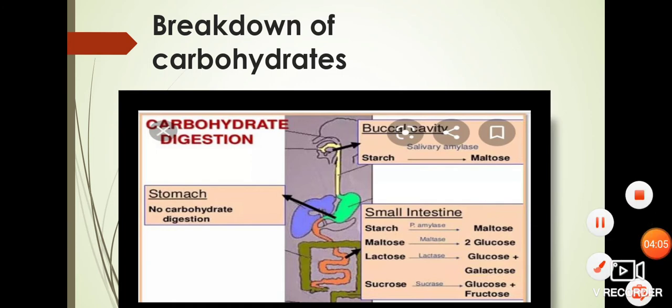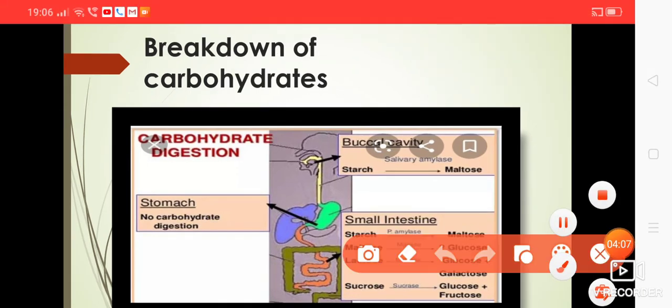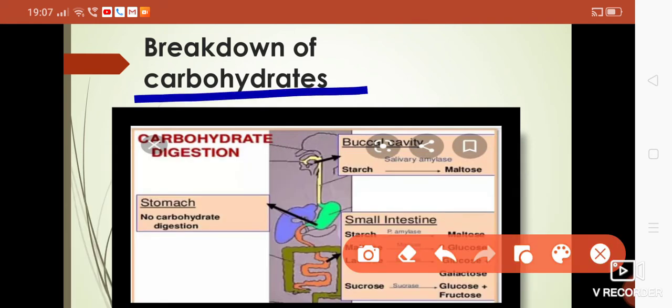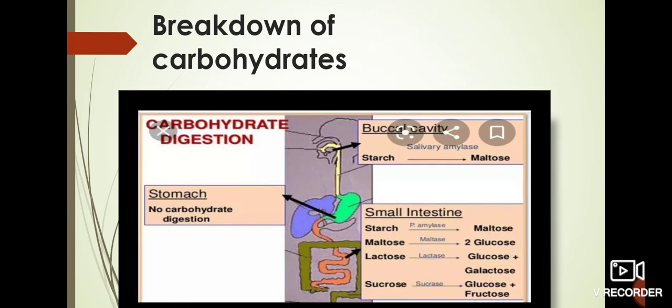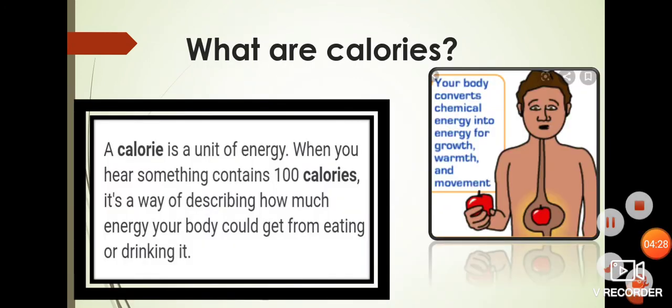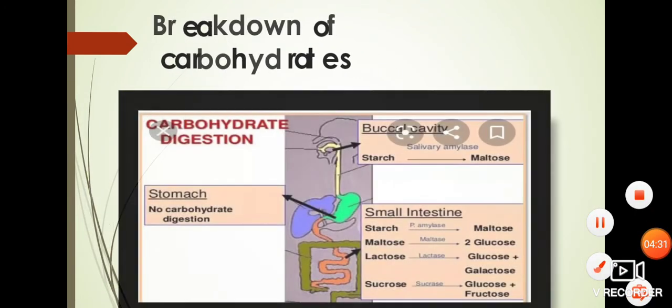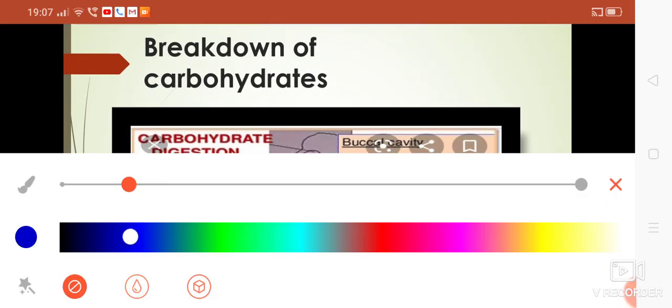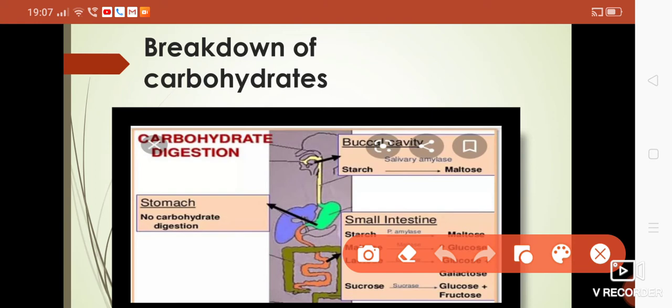In this slide, we will learn about the breakdown of carbohydrates. So what are carbohydrates? They are the energy giving food. Carbohydrates convert into sugar. There are different forms of sugar, like maltose, glucose, fructose, etc. So now what will happen?